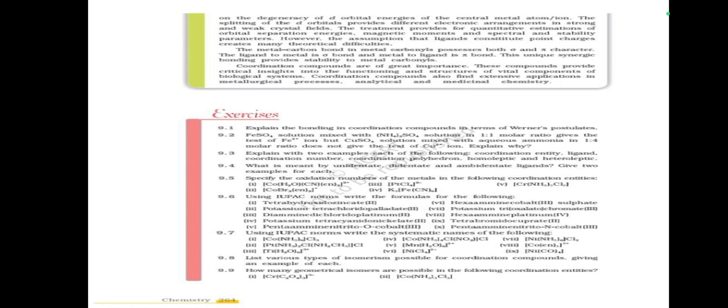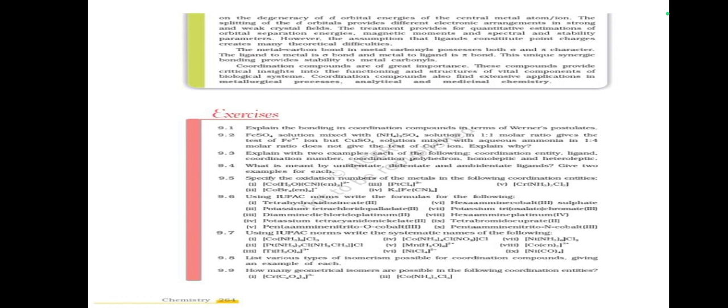The splitting of the d orbitals provides different electronic arrangements in strong and weak crystal fields. The treatment provides for quantitative estimations of orbital separation energies, magnetic moments, and spectral and stability parameters.